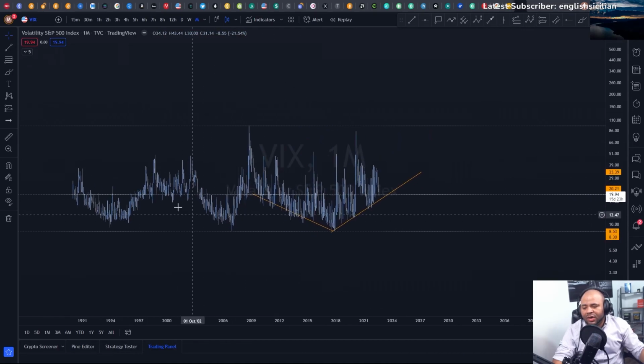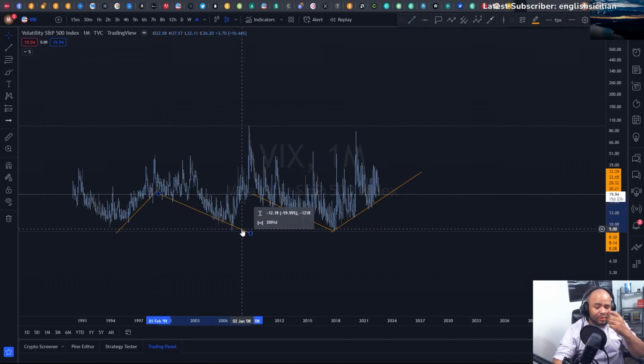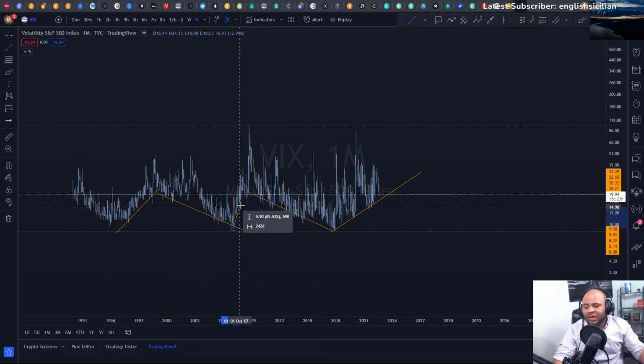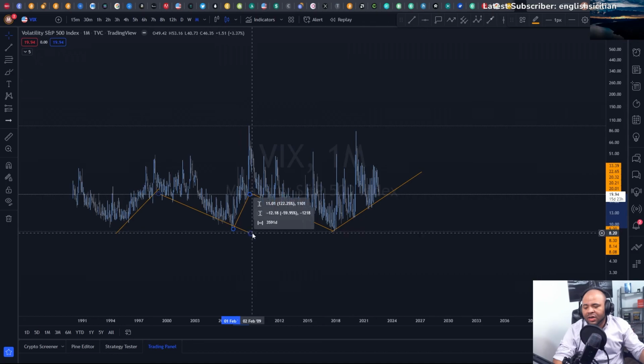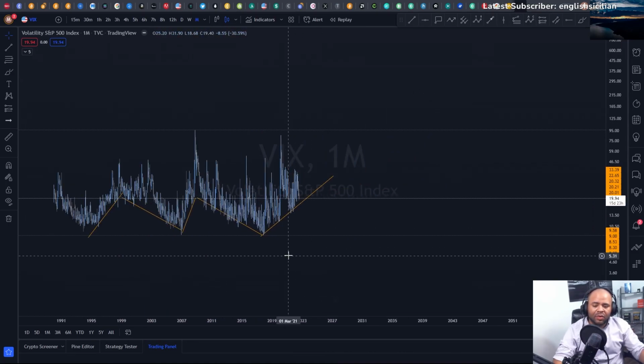So history has been pretty kind to us on showing us these things, as long as you pay attention. So definitely be careful. VIX could definitely flip back up to bullish again. We'll see that heavy volatility. We're going to see heavy swings in both directions. It won't be a fun time, we'll put it that way.